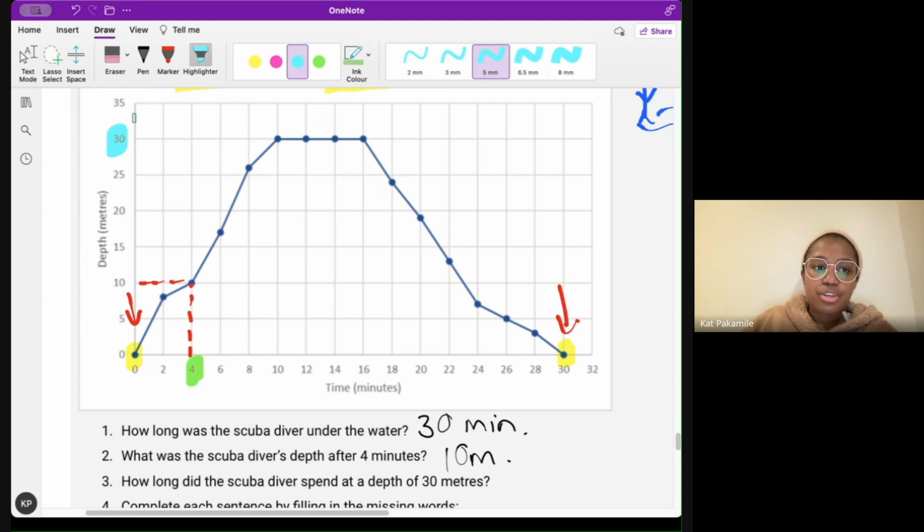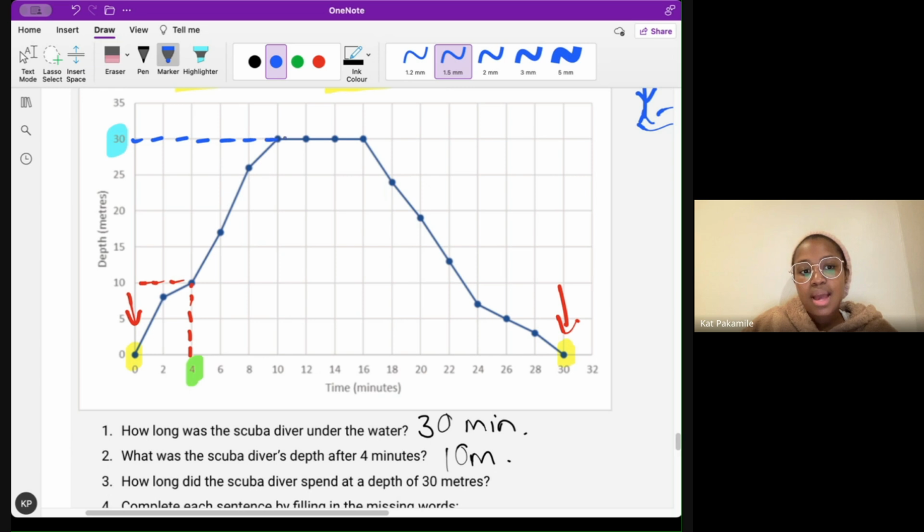So there's 30 over there. Okay. We're going sideways. At minute 10, this person reached 30 meters. Are we with me? He reached 30 meters.